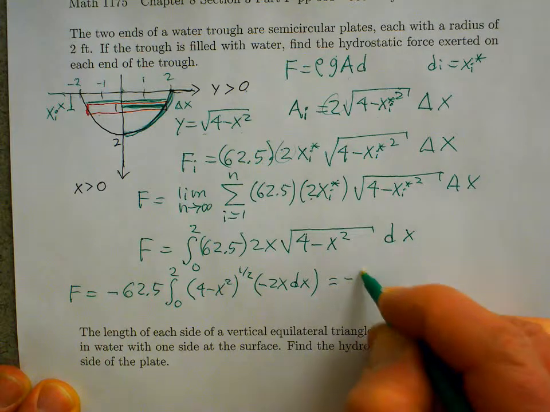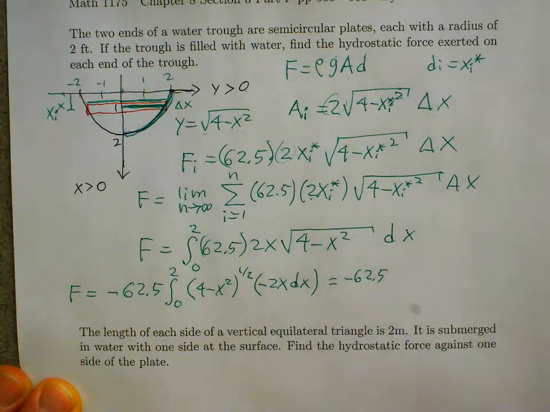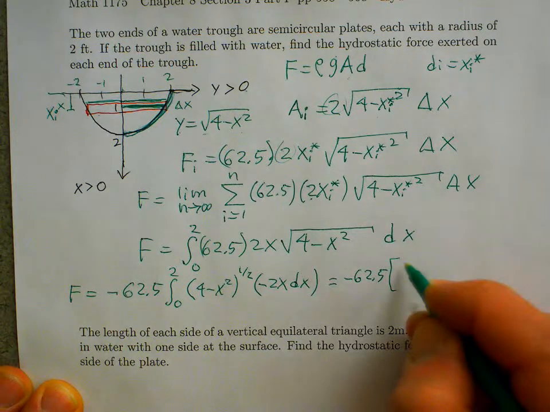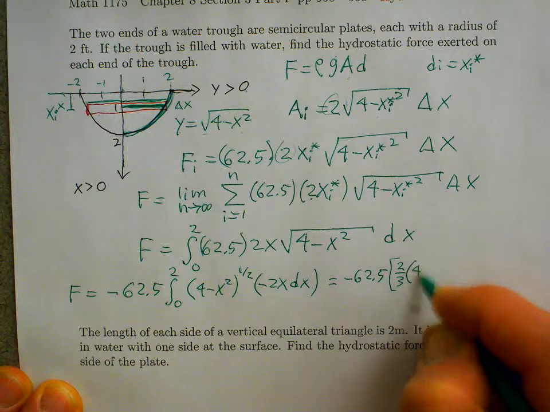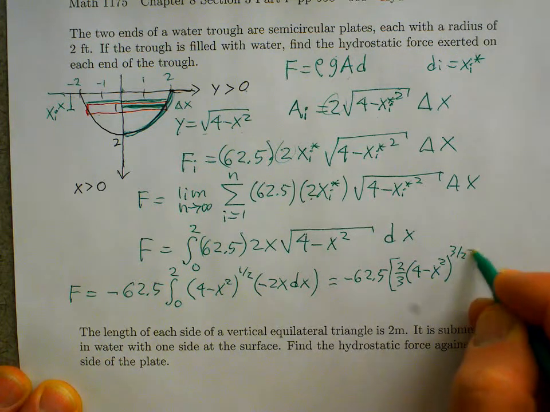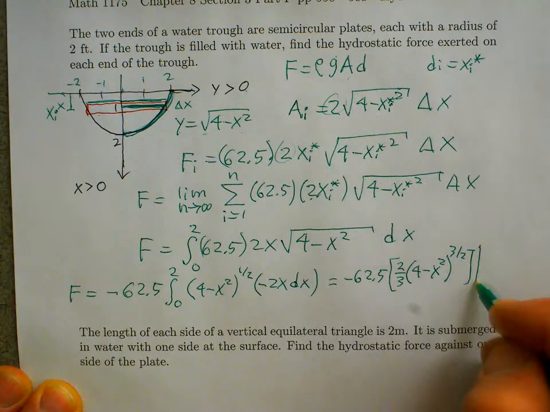So we get negative 62.5. And then we can compute the antiderivative. So we're going to get 2/3 times 4 minus x squared to the 3/2 evaluated from 0 to 2.